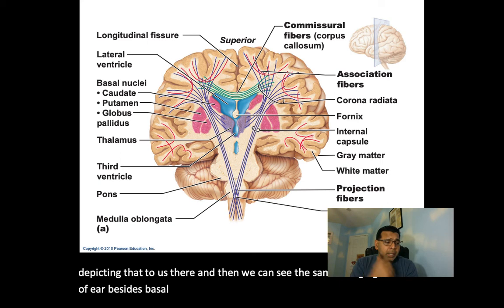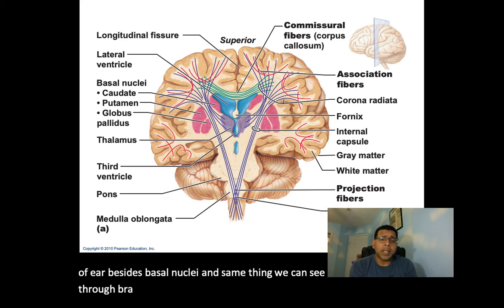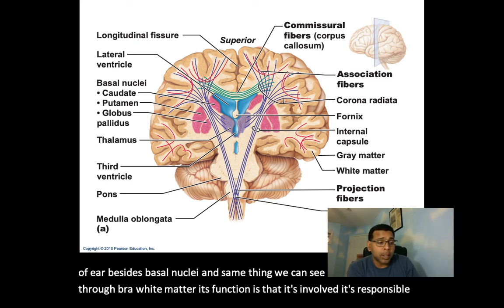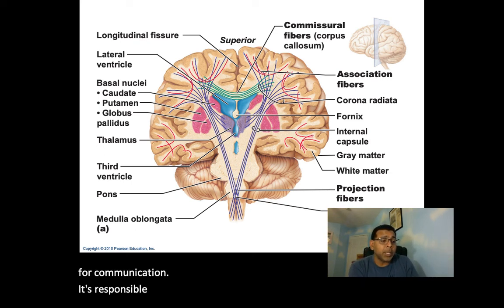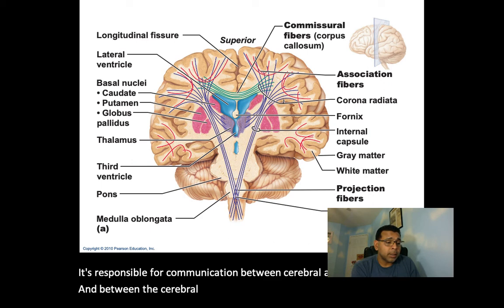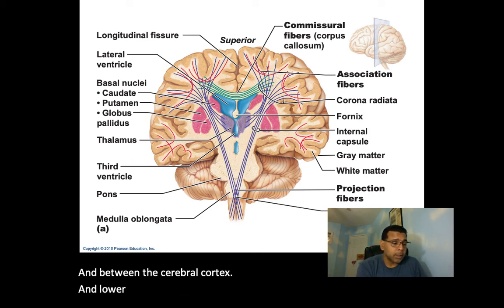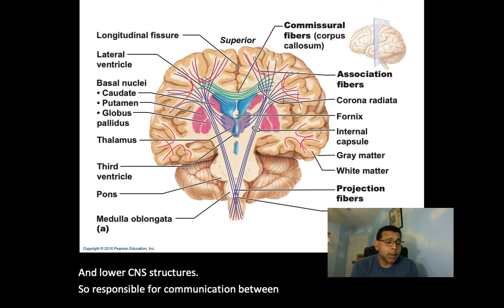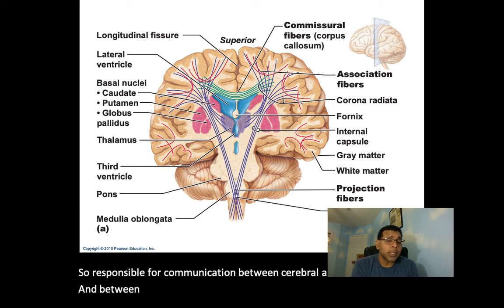Its function is that it's responsible for communication between cerebral areas and between the cerebral cortex and lower CNS centers.